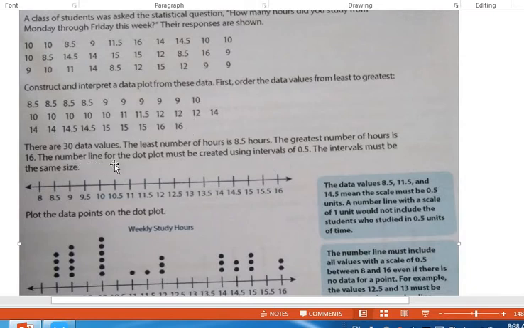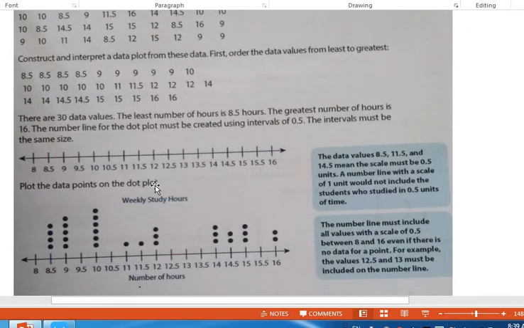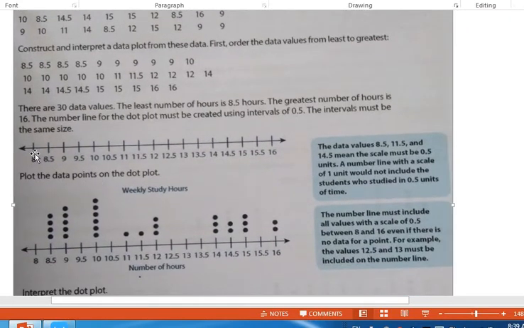The number line for the dot plot must be created using what? Intervals of 0.5. I should have 0.5 between the numbers, and the intervals must be the same size, don't forget. So I take a number line from 8 until 16, with 0.5 in between.